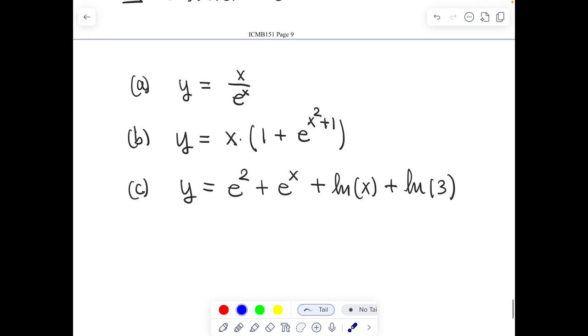Let's look at part A. Part A, we have x divided by e to the power of x. You see that both of these are functions of x, so we have to use quotient rule. So to differentiate this, the top term is the high term, the bottom term is the whole term. Okay.